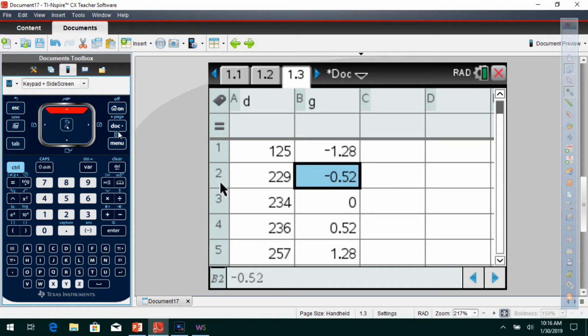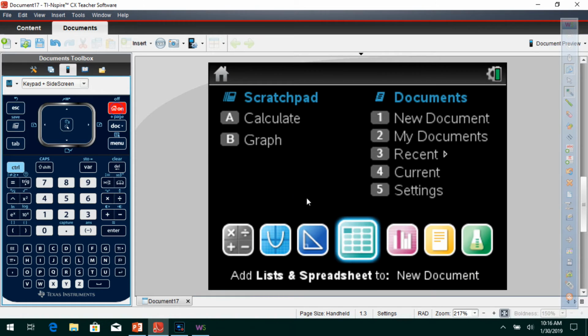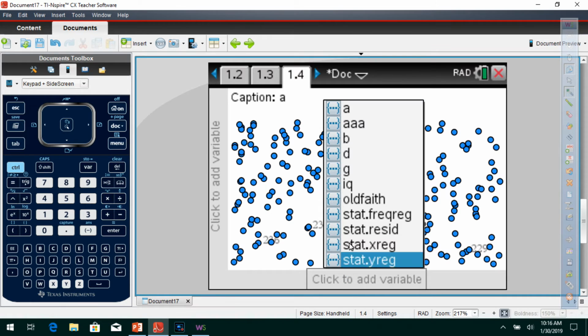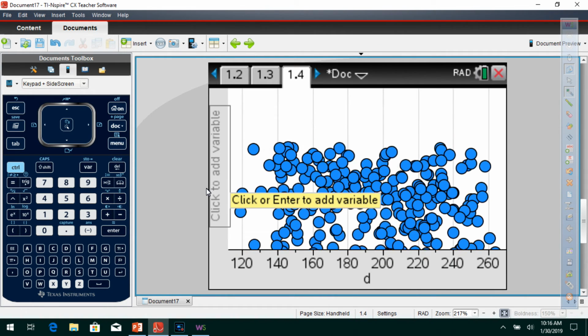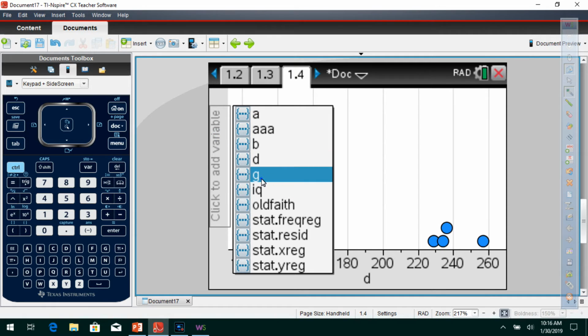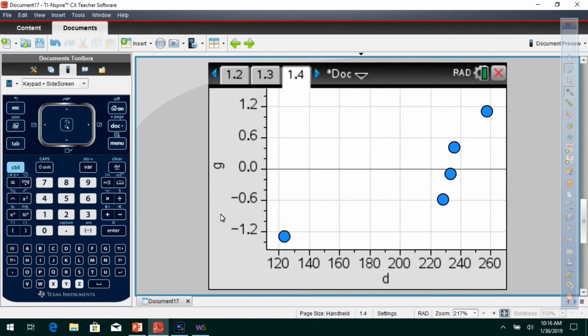So we need to graph those. On graph, and then we had D and G. All right. And we need to draw a line through here. So we'll just use a regression line.